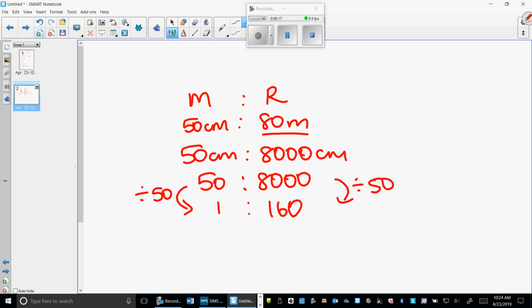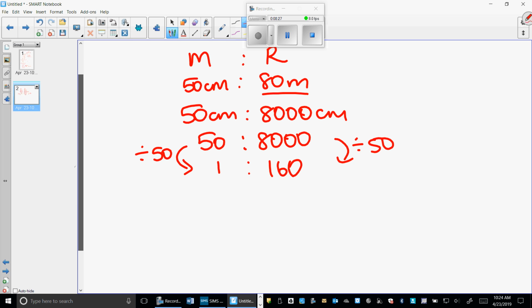Now the length of the real plane is 72 meters, and work out the length of the model, give your answer in centimeters. Alright, so I know my ratio is 1 to 160. Now, sometimes people say, but what unit is that? Well, it can be any unit you wish.